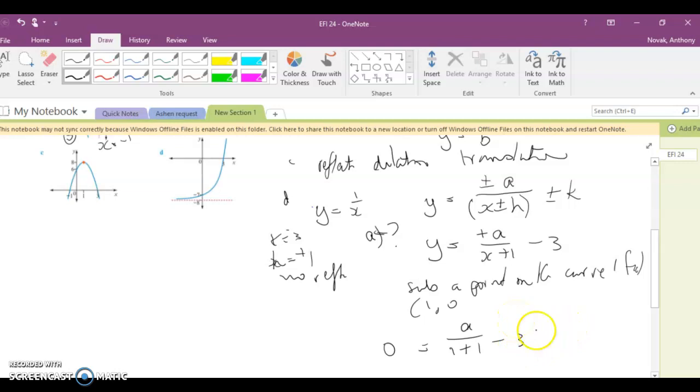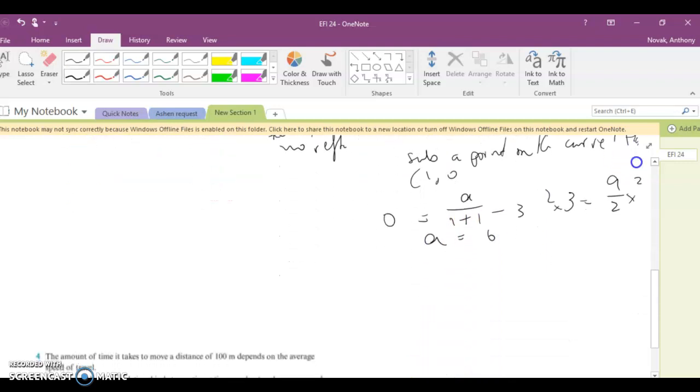Take the 3 across, we end up with 3 equals a over 2. Multiply both sides by 2, and we end up with a is equal to 6. So in a nutshell, we end up with y equals 6 over x plus 1 minus 3, and use your calculator to confirm that.